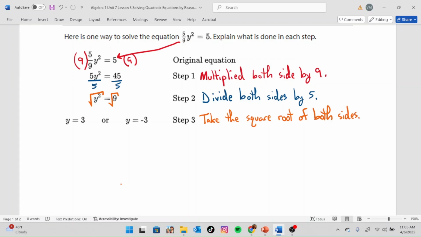And notice, when you take a square root, you get both a positive answer and a negative answer, because 3 times 3 equals 9, and negative 3 times negative 3 also equals 9.